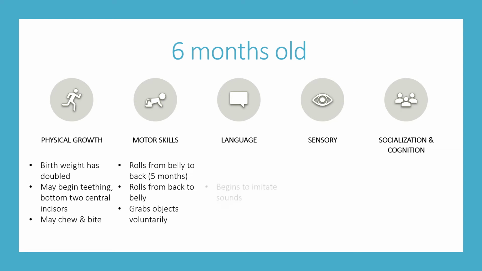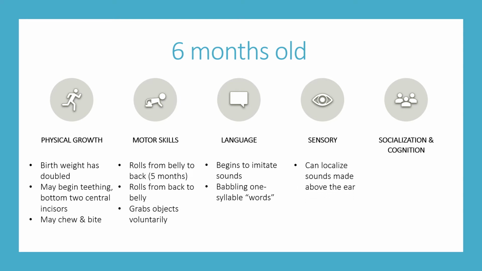During their language development, they begin to imitate sounds. They can also start babbling or saying one-syllable words like mama, dada. In their sensory development, they can localize sounds made above their ear, so they can start tracking where that sound is coming from.